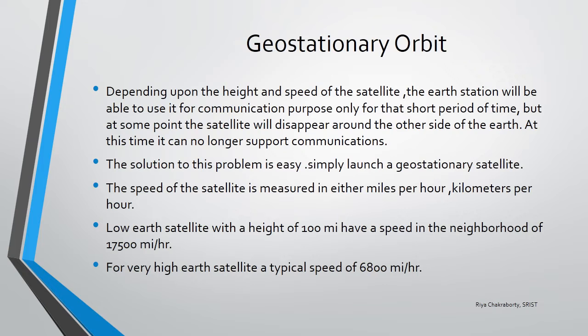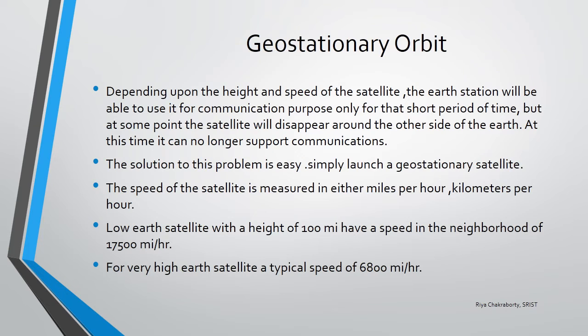Now, the next part is the geostationary orbit. To use a satellite for communications, relay or repeater purposes, the ground station antenna must be able to track the satellite as it passes overhead.